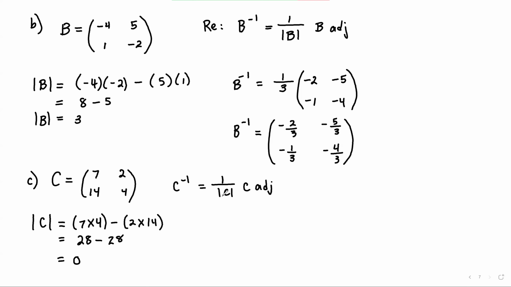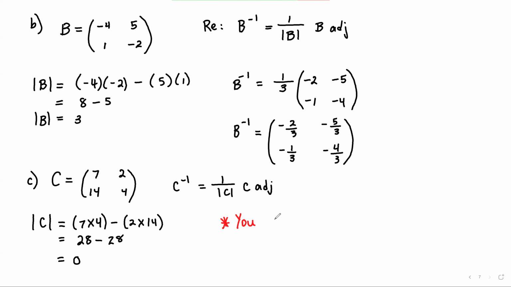And this is why the inverse of a singular matrix does not exist, because you'll end up with 1 over 0. If the determinant is 0, you'll end up with 1 over 0 times the adjoint, but you cannot find 1 over 0. That is something that you need to make a note of, right?